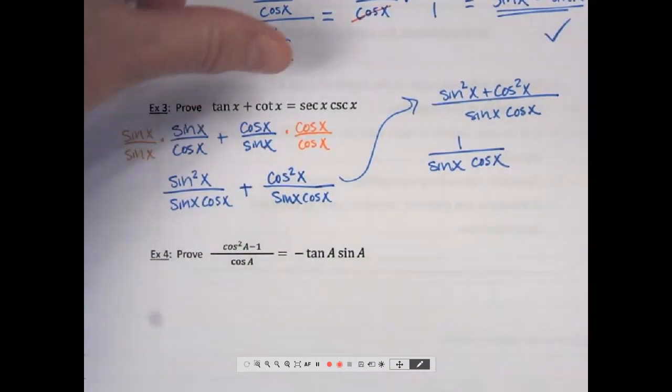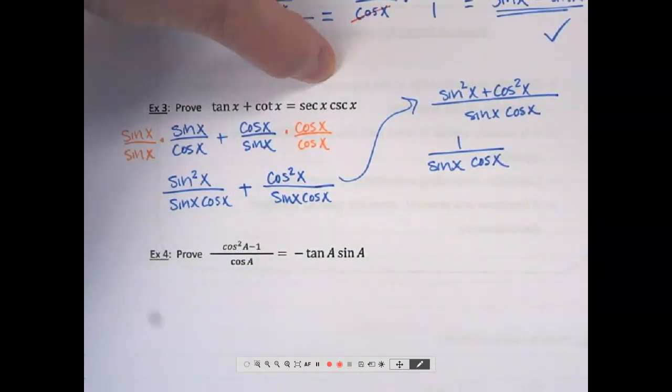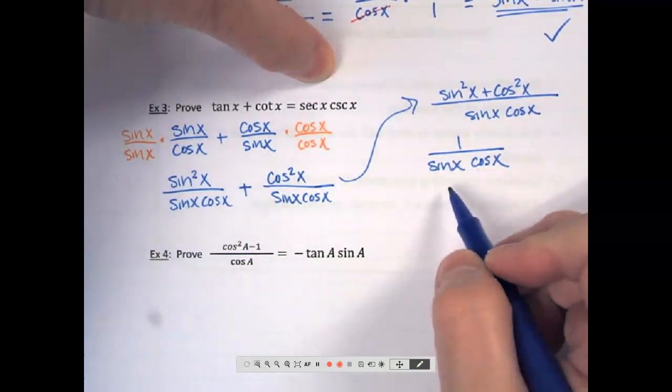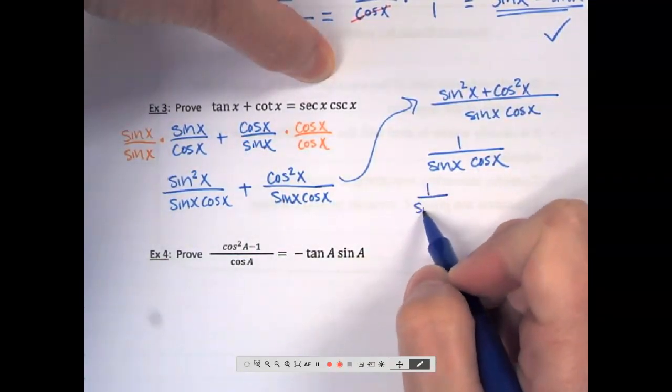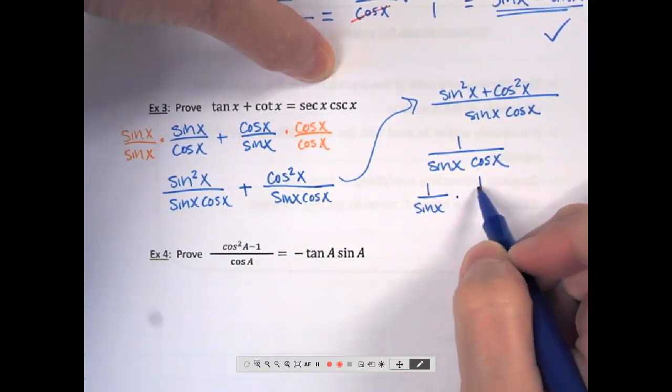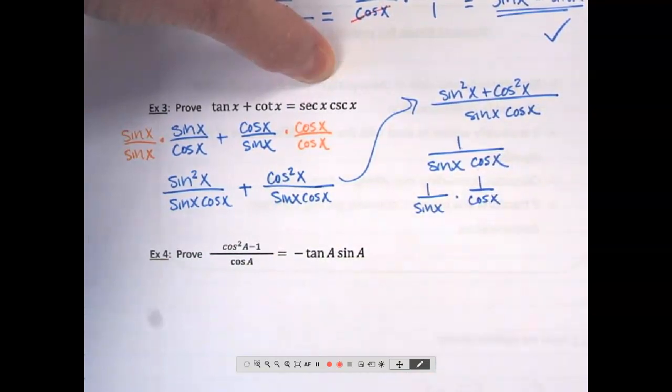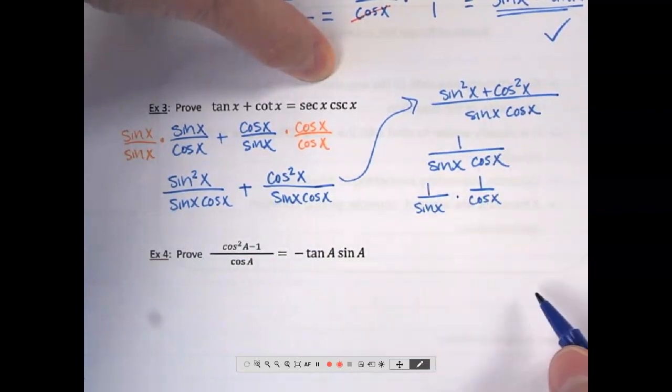Okay, now keep in mind what I'm trying to prove. Secant, cosecant. Do you see where I'm going to get there? Okay, I can split this into 1 over sine times 1 over cosine, can't I? If I multiply that, then that gives me that.